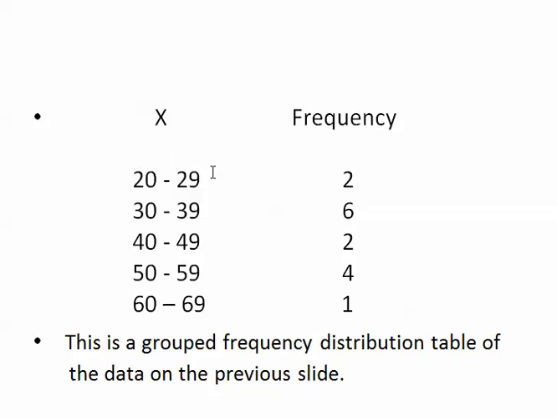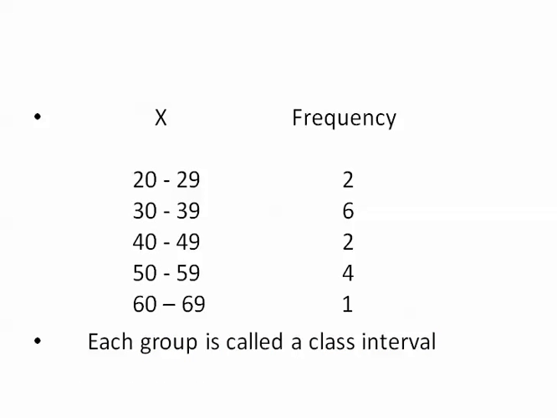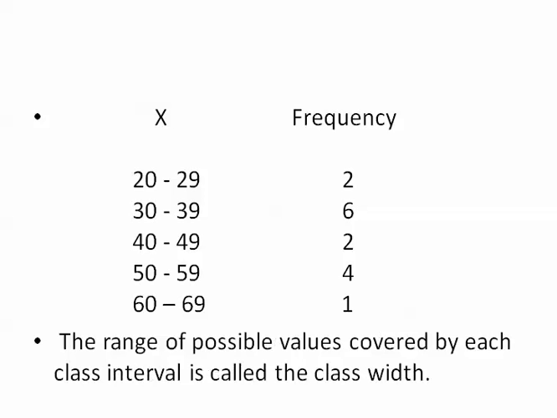So 20 to 29 is the first class interval, 30 to 39 is the second class interval, and this is the third class interval. So overall we have 5 class intervals in this table right here, because 1, 2, 3, 4, 5. So each group is called a class interval, and we have 5 of them.